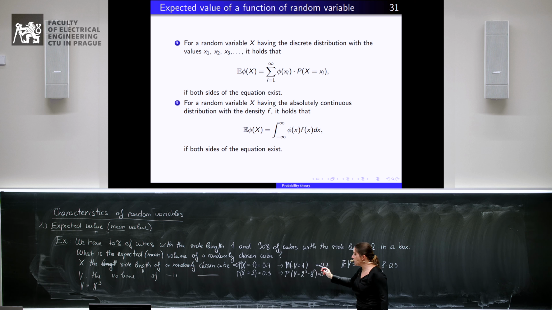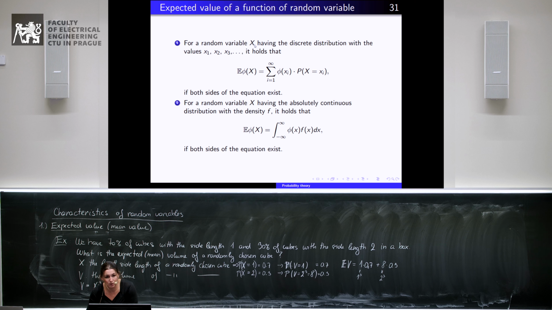And when we calculate the expected value of the volume, we took the values which were taken by x, by the random number describing the side length. We powered these values by 3, and we multiplied them by the probabilities of the smaller and the larger cubes, respectively. And it is the way how to calculate the expected value of some transformation of random variables in general.